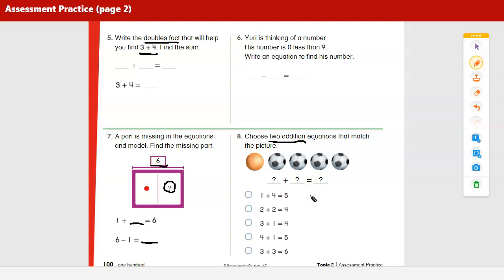So you are going to look for 2 addition equations that match our picture. So we have 5 balls total. We have 1 basketball and we have 4 soccer balls. So mark 2 equations that would match this picture.